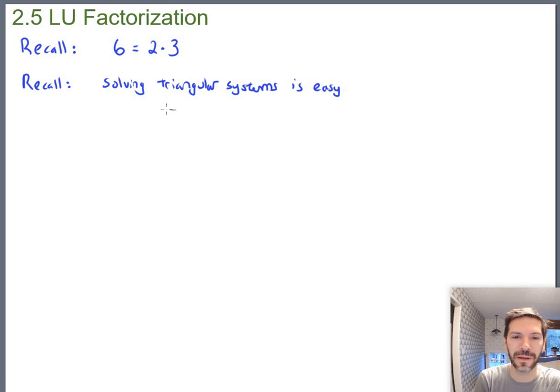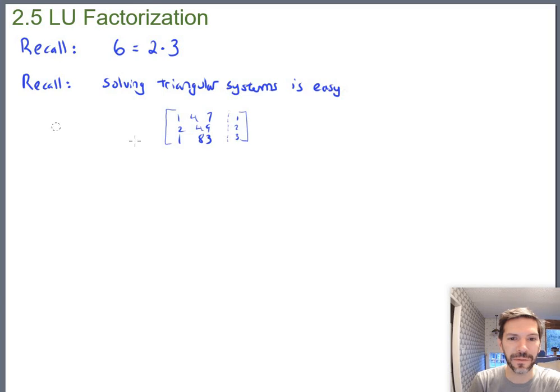So if you have an augmented matrix that's not triangular, then you have to do full row reduction, and you can do it, but it is some work.